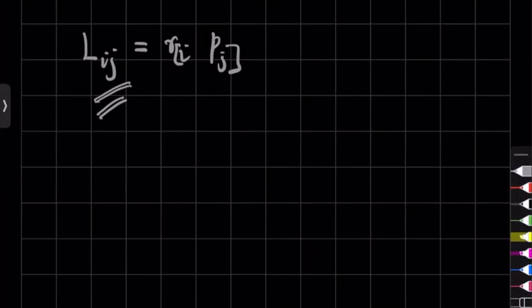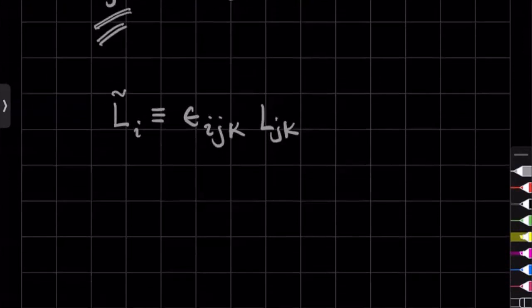This is where Levi-Civita comes in. If I take epsilon_{ijk} L_{jk}, I can define this in 3 dimensions to be a new object. Let's call it L tilde_i. Let's see how L tilde transforms.